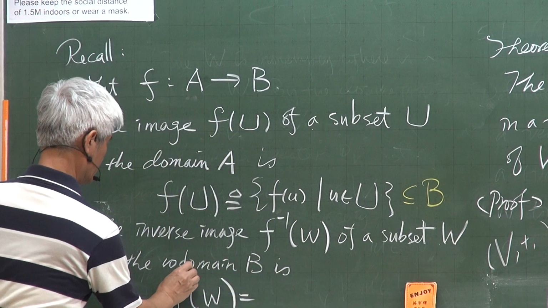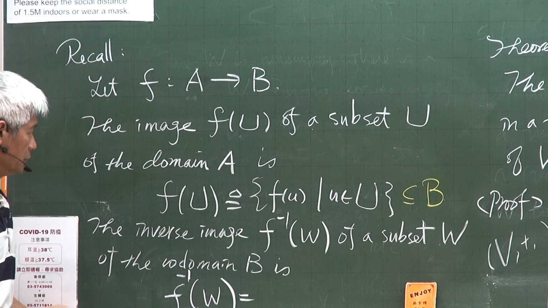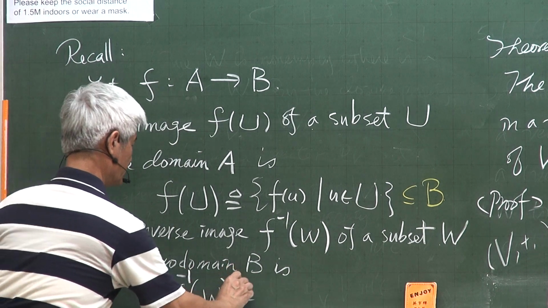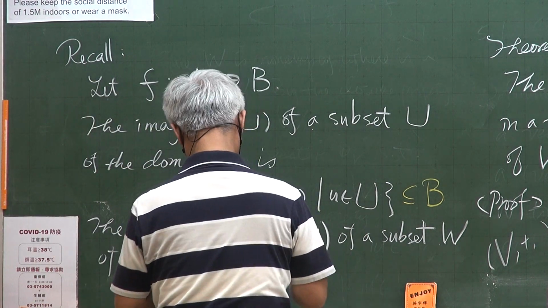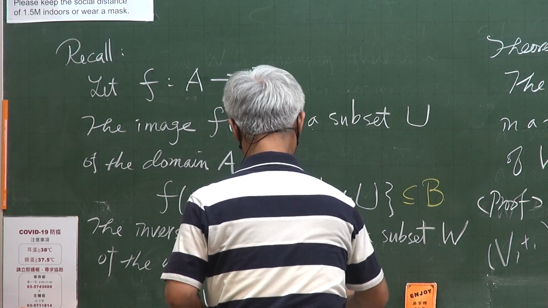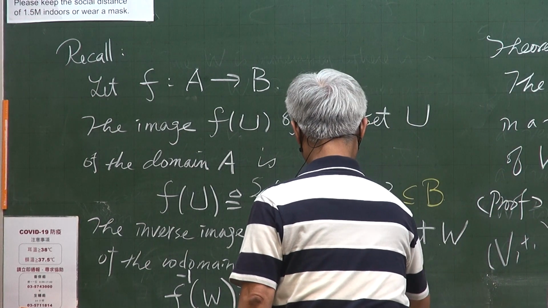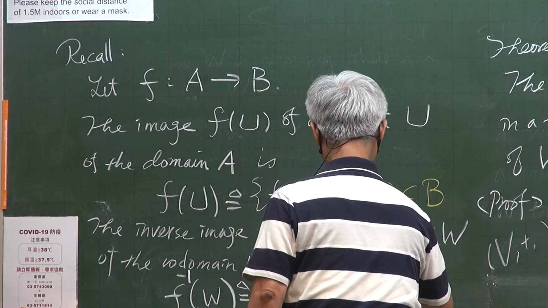Okay, the inverse image of a subset W of the codomain is defined to be all the elements x in A such that f of x is in W.